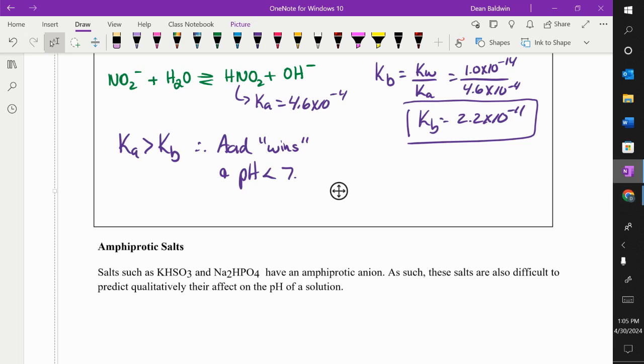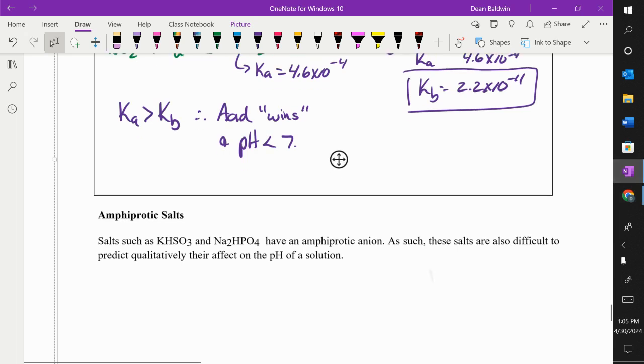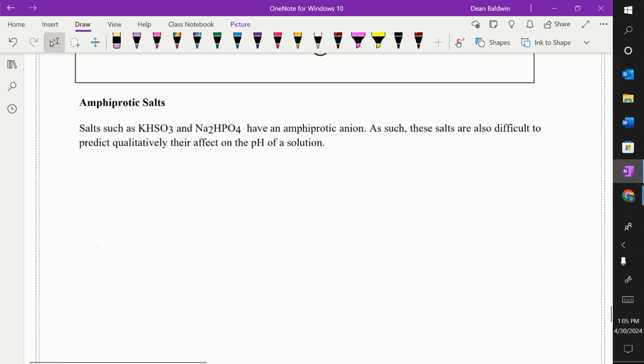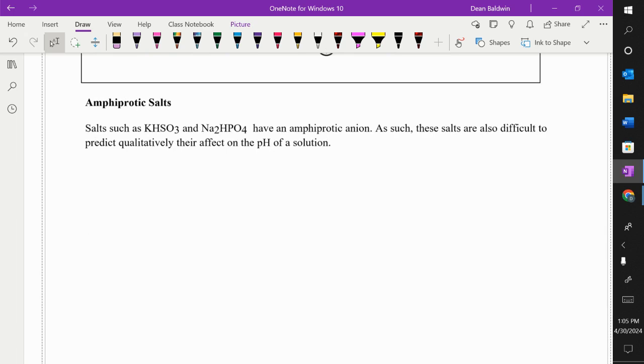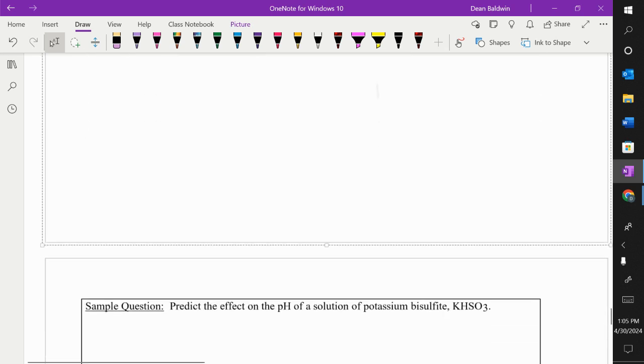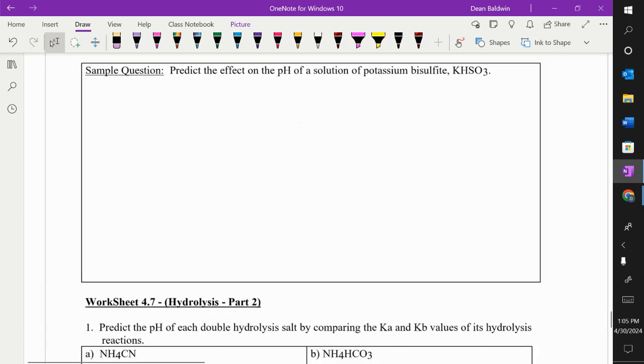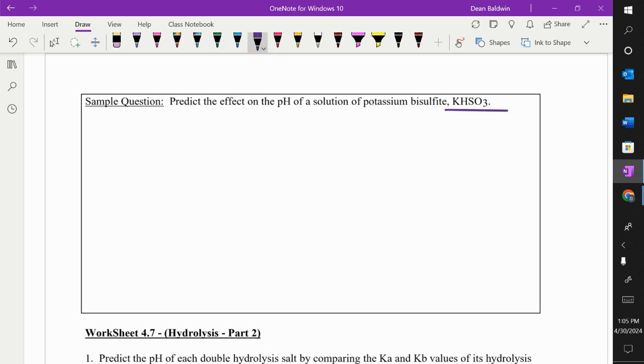Hang on. All right, here we go. All right, an amphiprotic salt. What does amphiprotic mean? Can be a base or an acid. So what are we going to do? Here it is right here. So we have potassium hydrogen sulfite or potassium bisulfite.